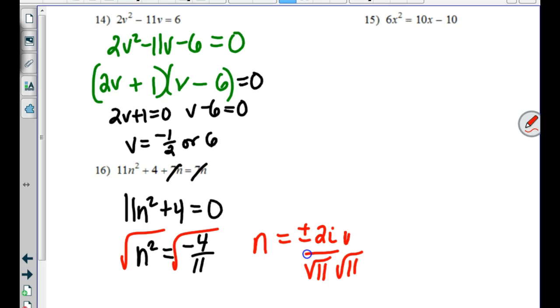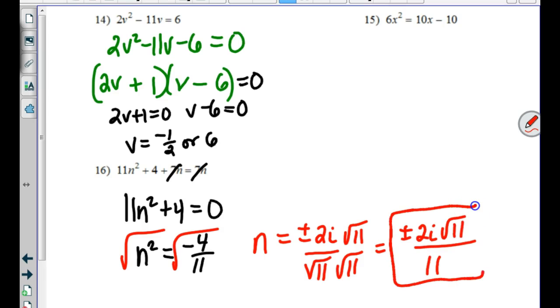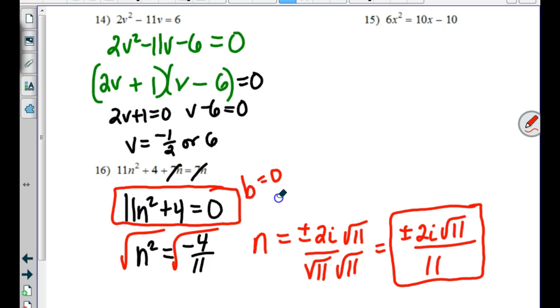So Keaton says we got to multiply by square root of 11. So it becomes 2i square root of 11 over 11. Okay. Quadratic would have worked out that way. What would b have had to be if you were going to do quadratic here? On this one right here, b would be 0 if you wanted to do quadratic.